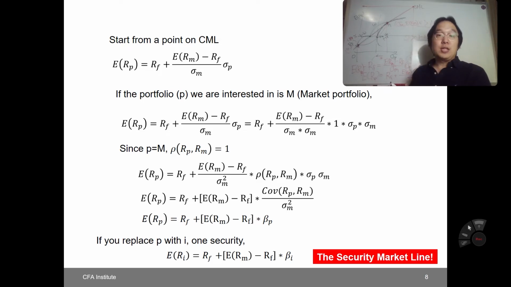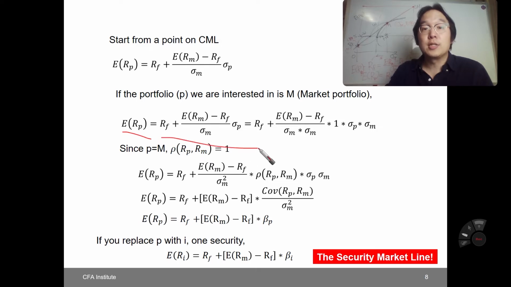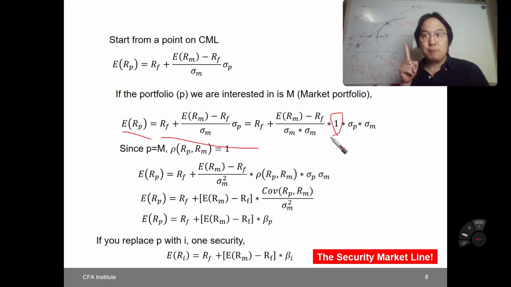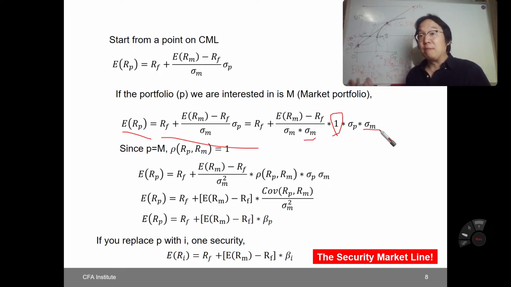So the expected return of the market portfolio, we start there, right? Using this capital market line formula, we do mathematical manipulation. Mathematicians' favorite technology is we have two things. One is multiply by 1 and bring something interesting and then replace this 1 with something interesting formula. And another mathematician's favorite technology is multiply and divide by the same number.